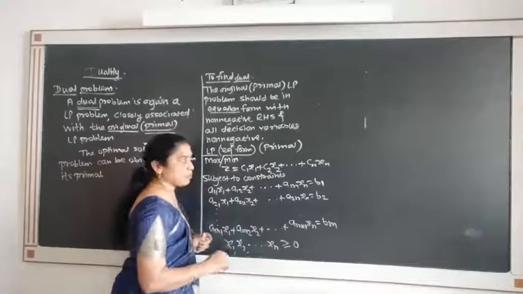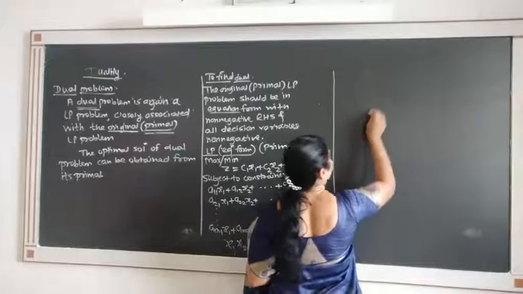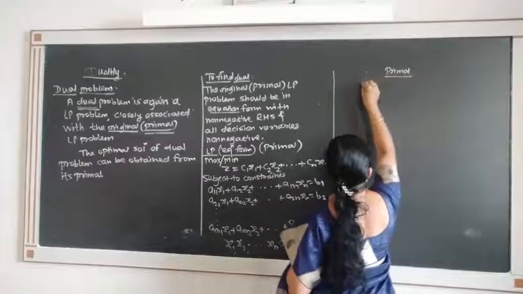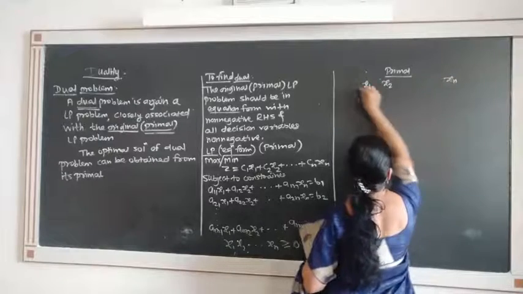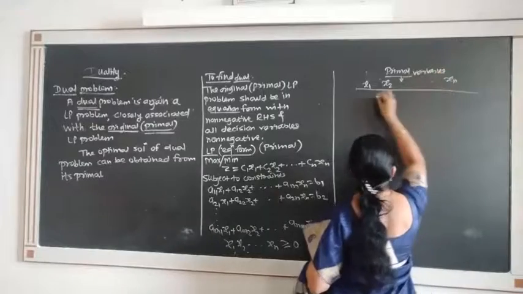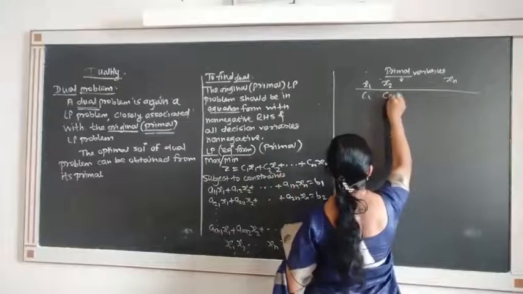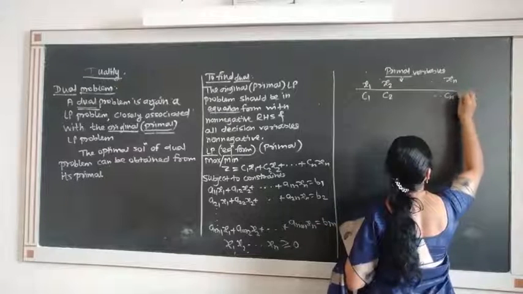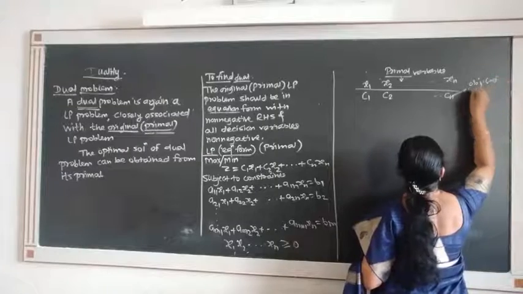So consider this primal. I will write down this primal as I have the primal variables x1, x2, etc., xn. These are the primal variables. Their objective coefficients c1, c2, cn are the objective coefficients of the primal.